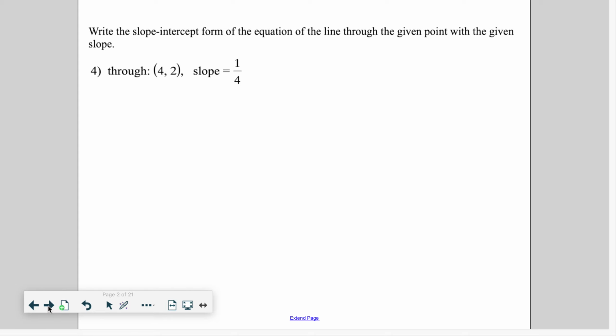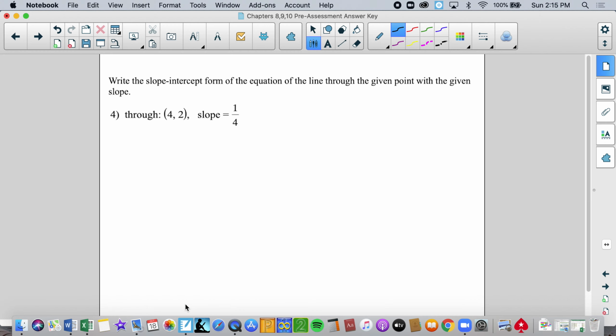Now we have to write the linear equation in slope-intercept form when you're given the slope and a point. All right, now we're okay. So again, we have the equation y equals mx plus b.